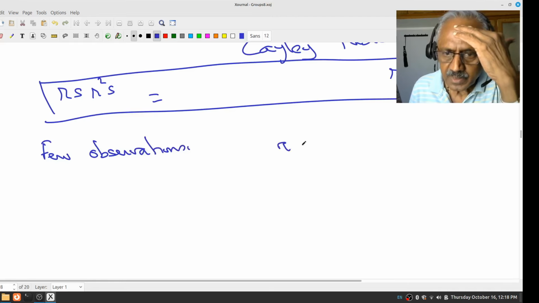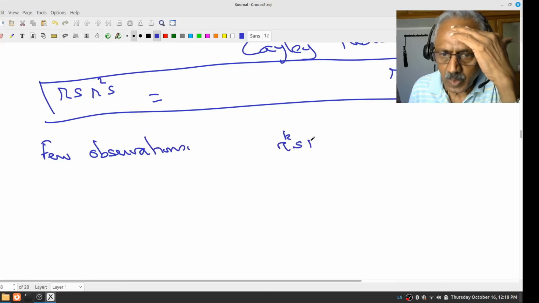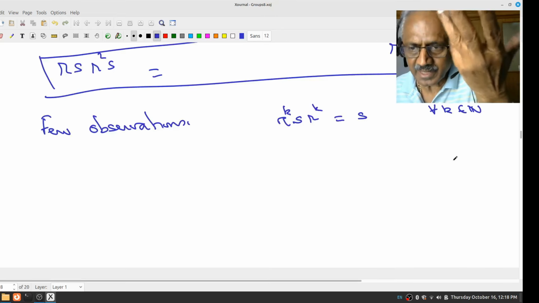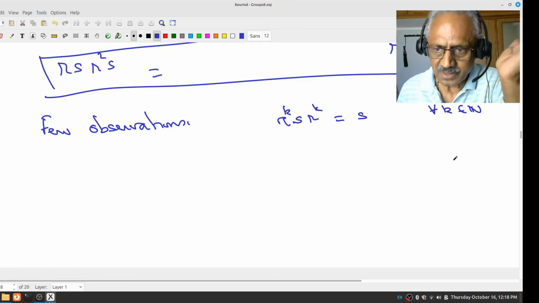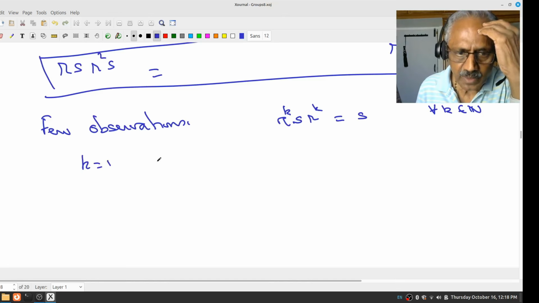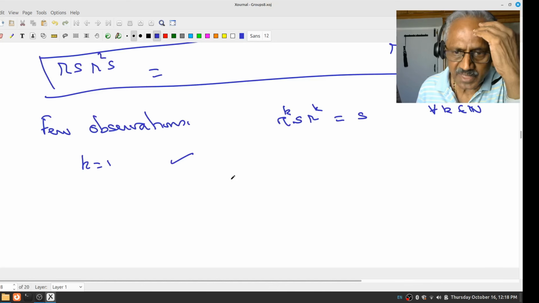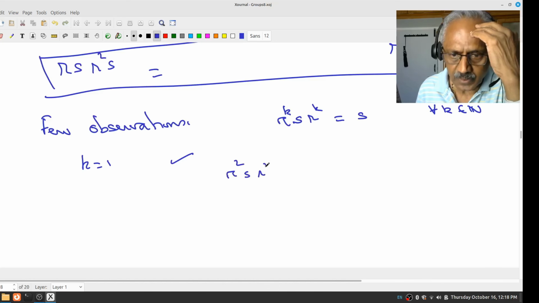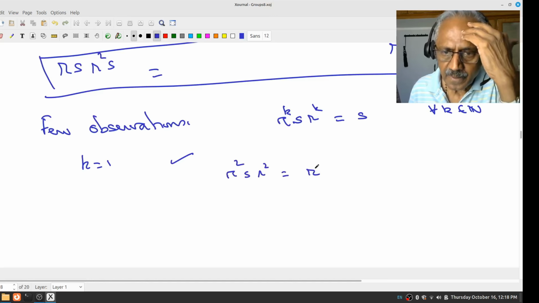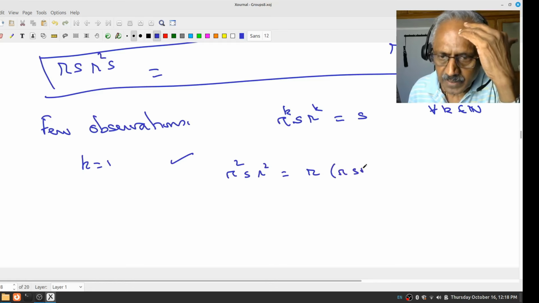I claim R power k S is also R to the power minus k for all integers k in N. Of course, for k greater than or equal to 4, it's trivial. This we do by induction. For k equal to 1, okay. And what is k equal to 2? Let us do R squared S.